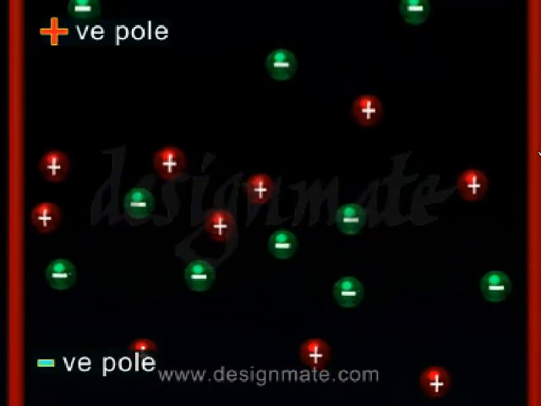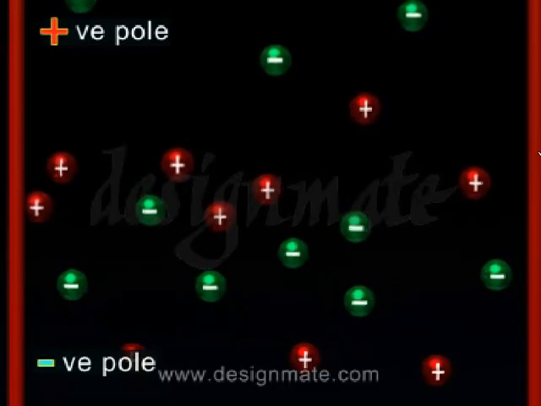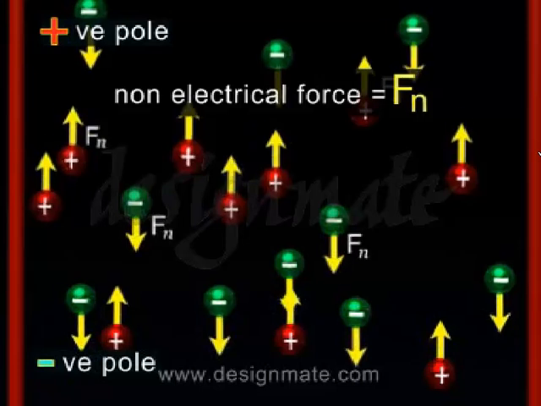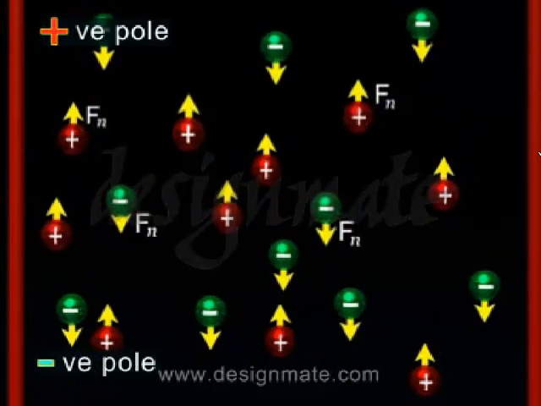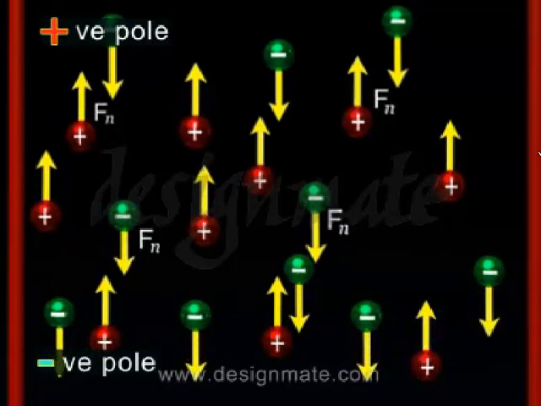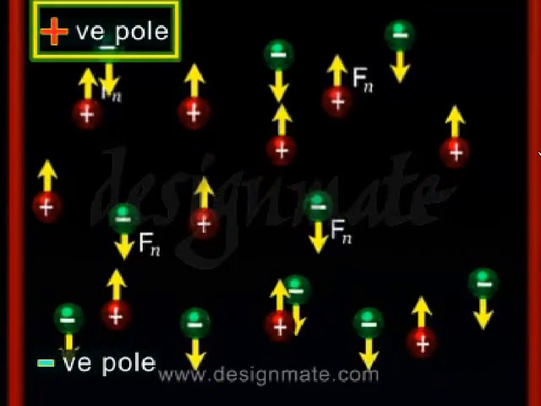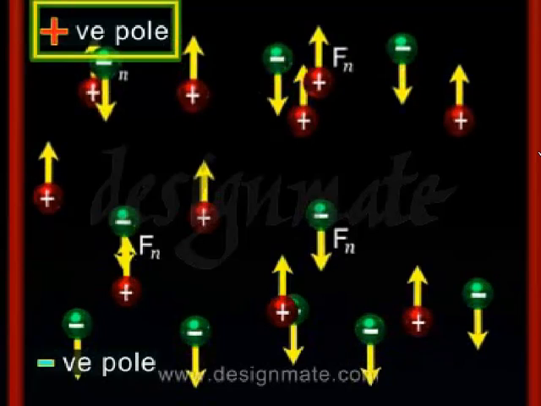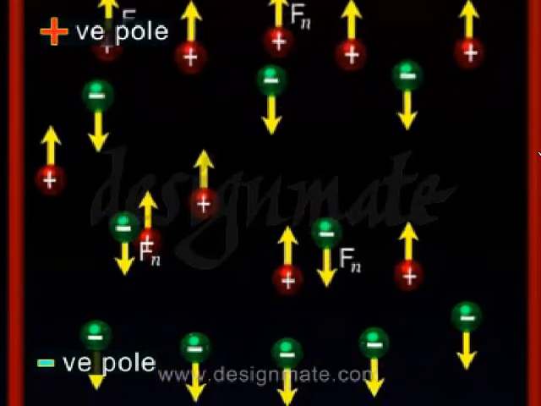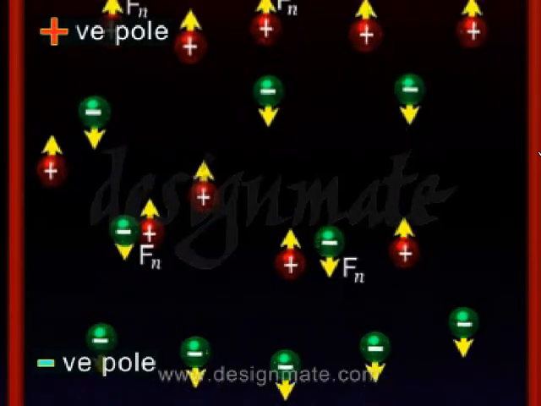Chemical processes take place in a battery which result in the chemical force or the non-electrical force Fn acting on the electric charges, which forces the positive charges to move towards the positive pole and the negative charges to move towards the negative pole, where it gets accumulated.